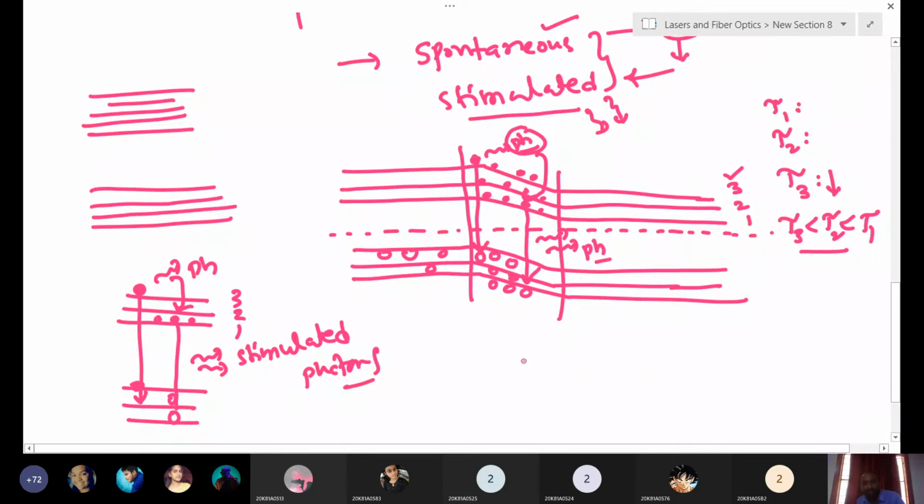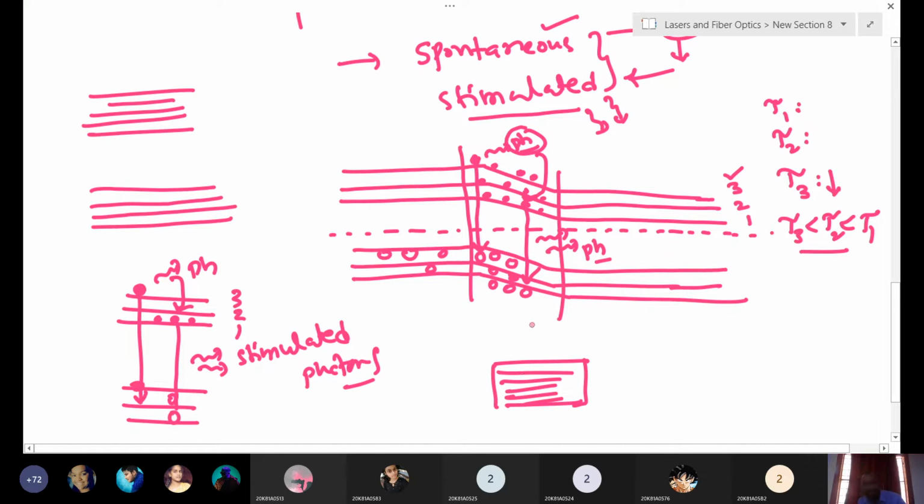That's why we say it's a band, meaning it's not just one state. Here many states are there. When electrons are excited to a higher energy level, they immediately come to the ground state because the lifetime is very short. Once they come to the lower energy state or valence band, they emit spontaneous photons.